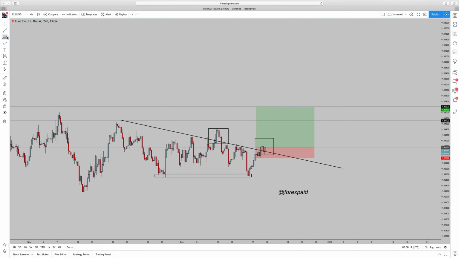We have price break and price bolt through again, right? Here, I take a look at price coming into the trend line again, it breaking and retouching, right?